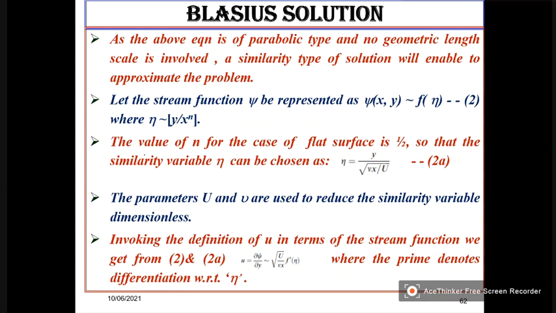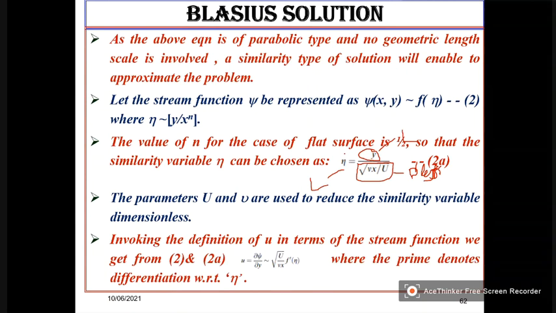So what I can do is, if you look at this eta, this is nothing but Reynolds number. So this is dimensionless. Non-dimensional. Now y is length dimension and this is also length dimension.